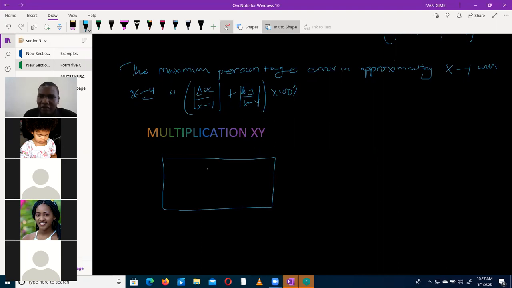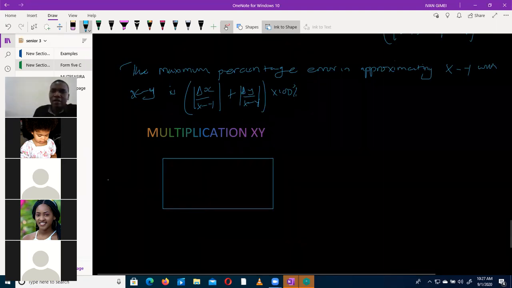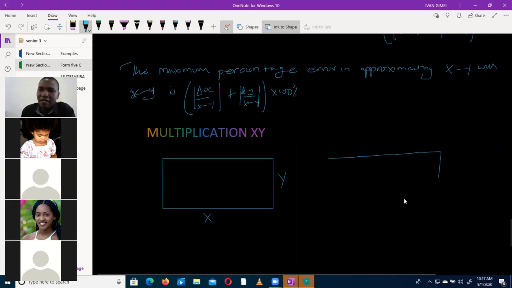Now, this rectangle, you measure the length as, let's say, X. The true length of this rectangle is supposed to be capital X, and the true width is supposed to be capital Y. But then maybe you approximate the length because it has very many decimals. You write the length as small x and small y, like that.